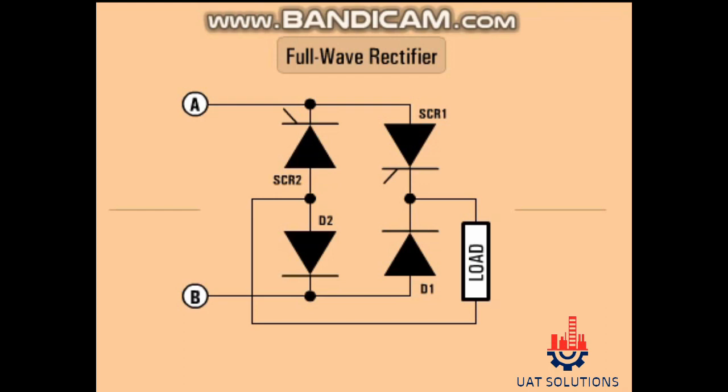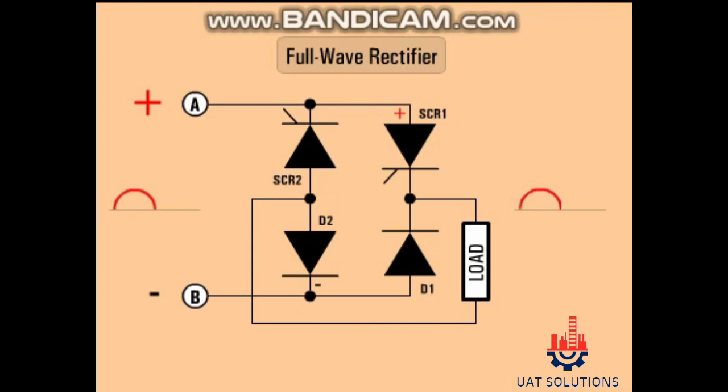During the positive alternation or first half cycle of the AC sine wave, A is positive and B is negative. SCR1 has a positive voltage on its anode and D2 has a negative voltage on its cathode. Current flows through SCR1 and D2, and the positive alternation of the sine wave is converted.